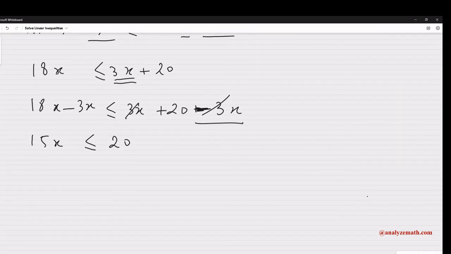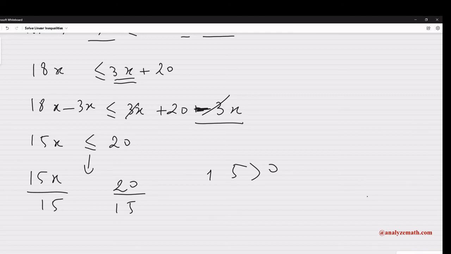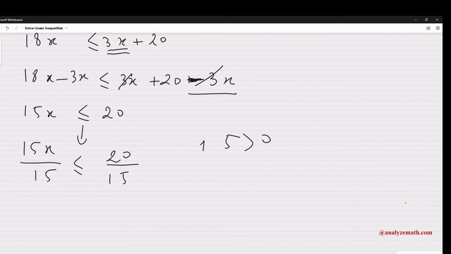To go from 15x to x, we divide by 15. 15 is positive, so no need to change. I am dividing by 15, which is a positive number, and I don't need to change the symbol of inequality.